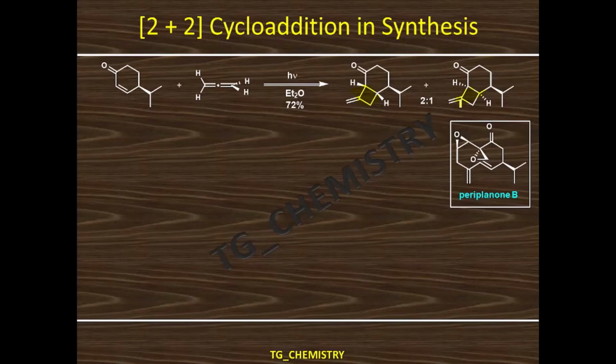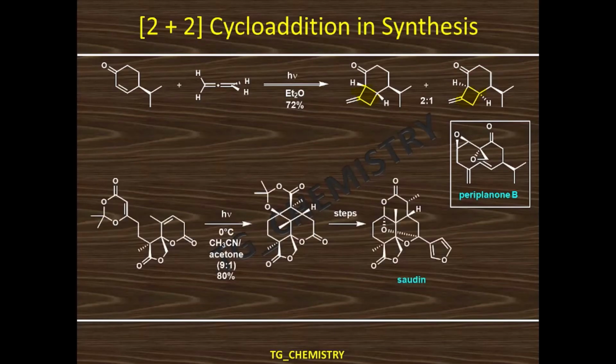So those are the cyclobutane rings formed, and of course, because of the allene, we get an exocyclic double bond. This is another example of the 2+2 cycloaddition reaction in synthesis. And when this bicyclic compound goes through several steps it provides the periplanone B compound, which is a kind of short total synthesis, you can say.